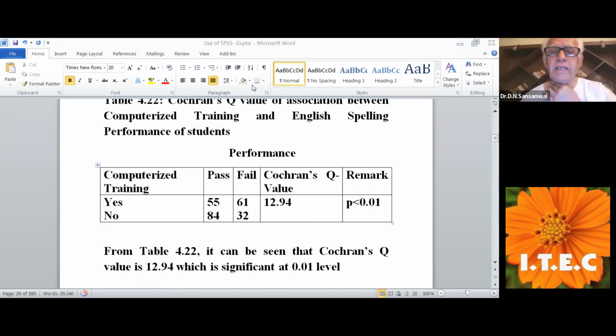Yes, Ramanand, it is the type of training. It's not yes or no, it's pass and fail.